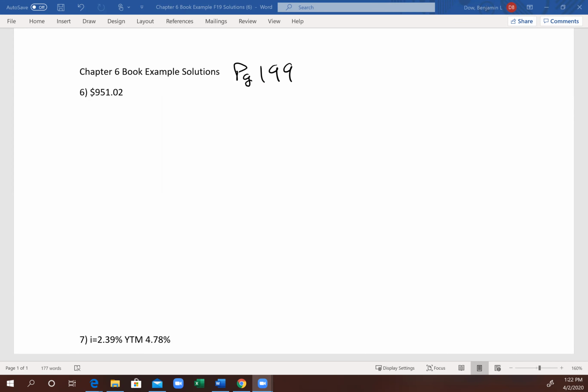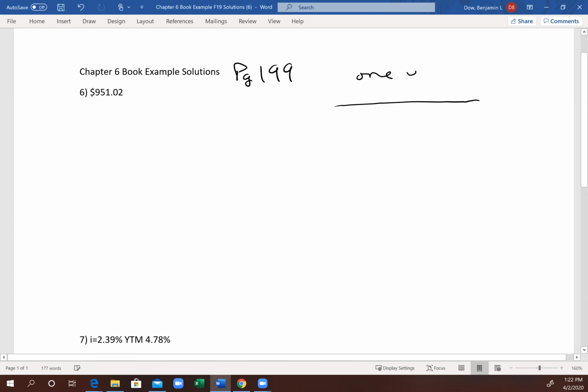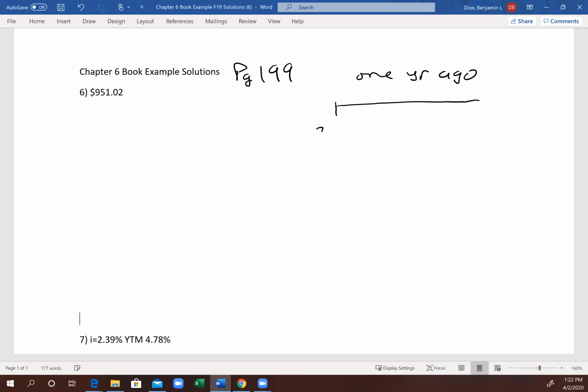It says Duffner issued 15-year bonds 1 year ago. So if we look at this, 1 year ago was 2019. So if they issued 15-year bonds, they're going to mature in 2034.